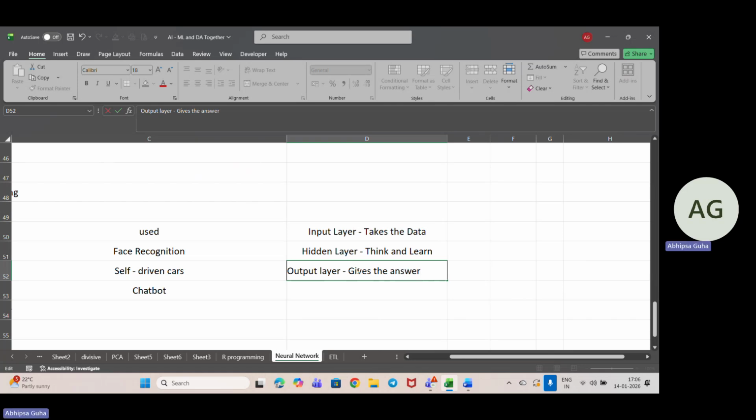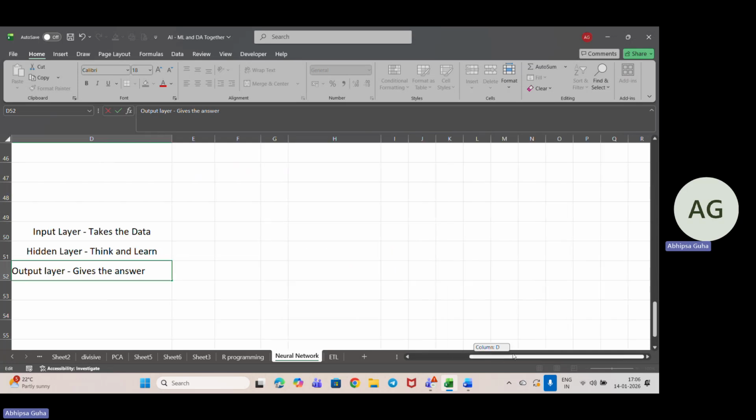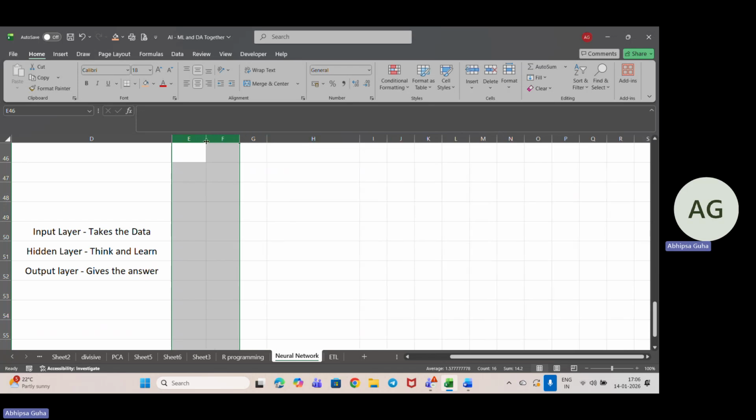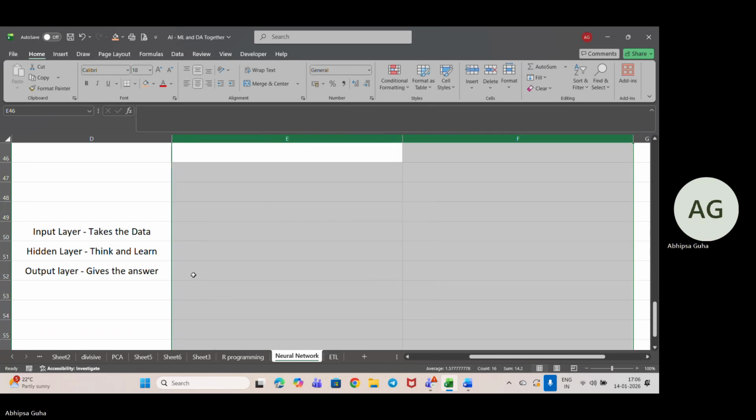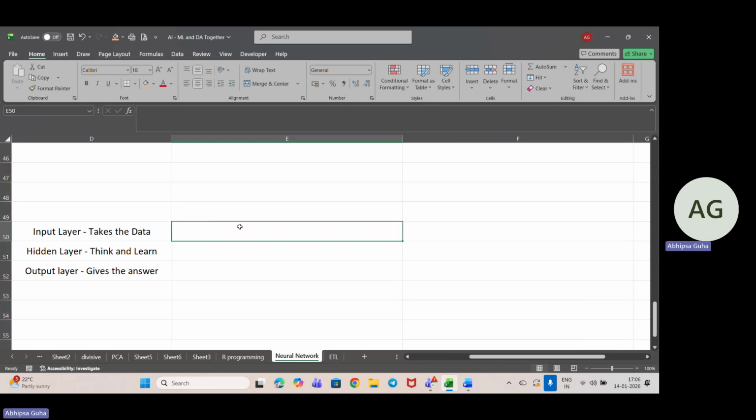So how we have done the mathematical operation, I'm also going to explain once more so that everything is clear for you. We are taking input times weight plus bias. Then we go for the activation function.